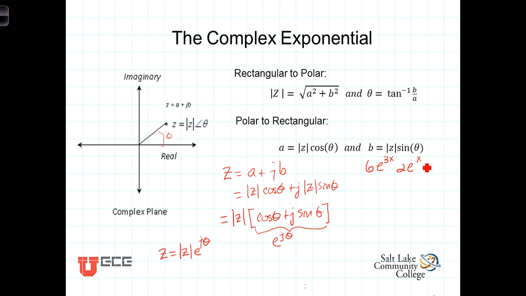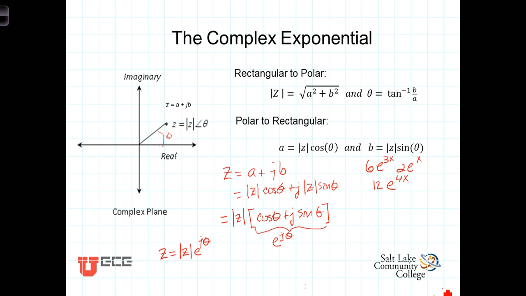Well, we know that in doing this type of thing, you multiply the coefficients. 6 times 2 is 12. And because they're raised to the same base, we've got e to the 3x and e to the x. When you multiply e to the 3x times e to the x, you simply add the exponents. e to the 3x plus x is 4x.